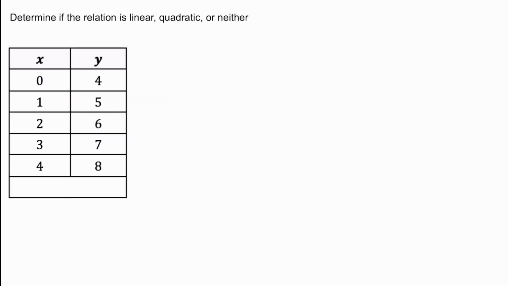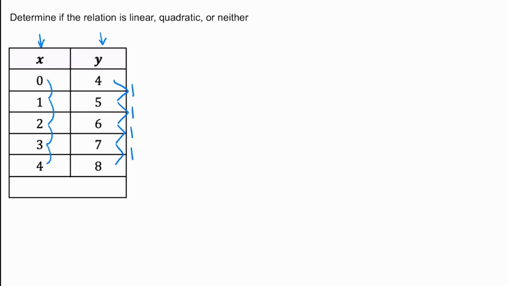So let's look at another example. We look at the x values first. We see that they are consistently increasing by 1. Then we look at the y values. 5 minus 4 is 1. 6 minus 5 is 1. 7 minus 6 is 1.